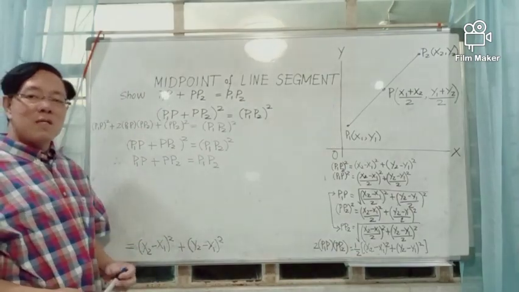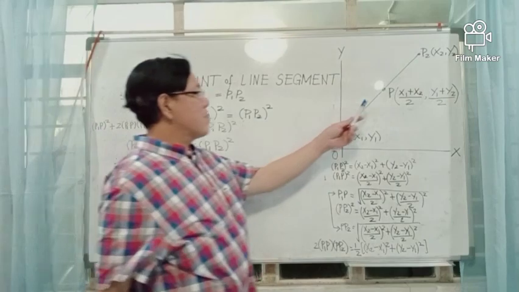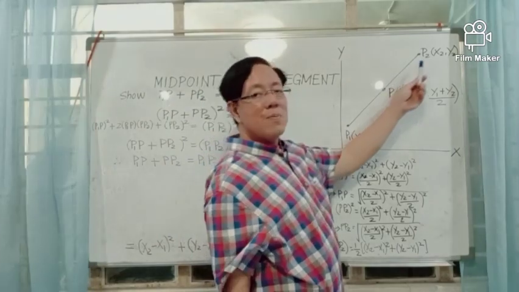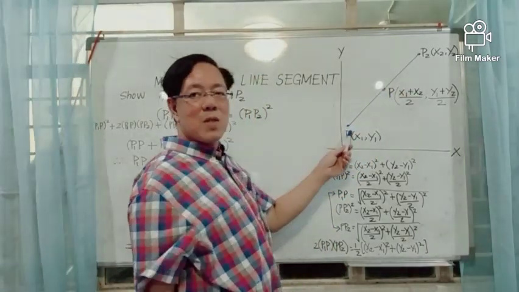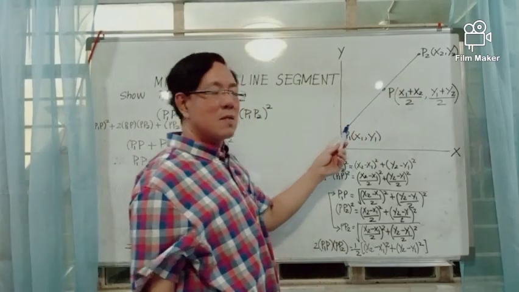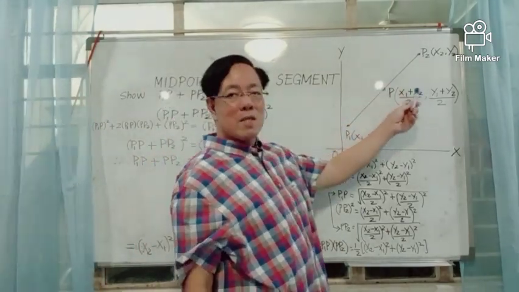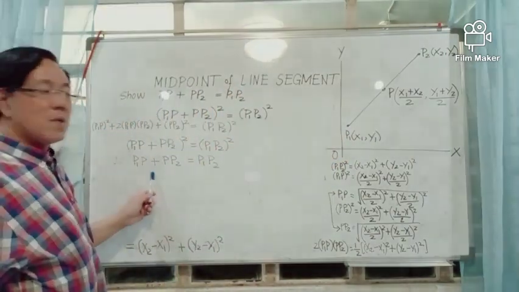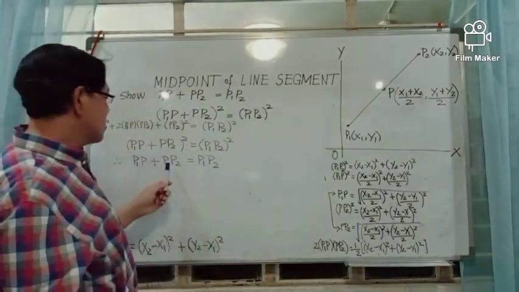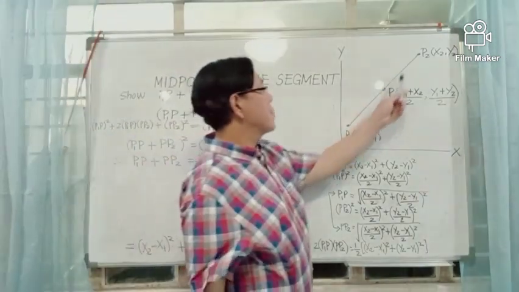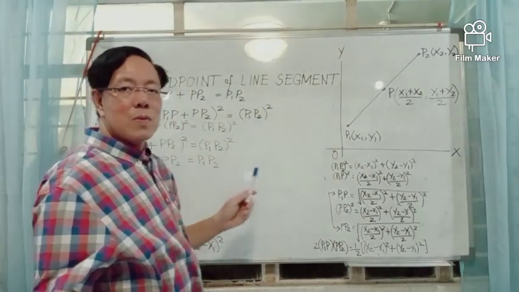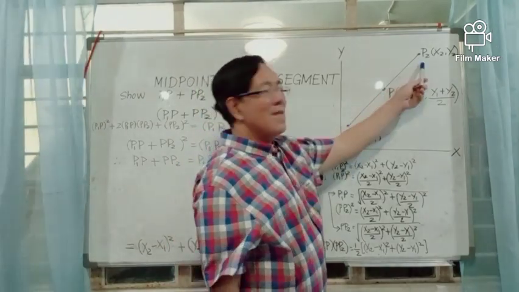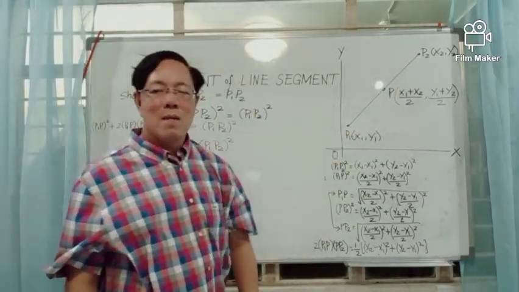Thus, we have shown that if point P is the midpoint of the line segment with endpoints P1 and P2, the midpoint divides the distance between the endpoints of the line segment into two equal distances, and the sum of these distances, P1P and P2P, is equal to the distance between the endpoints P1 and P2 of the line segment.